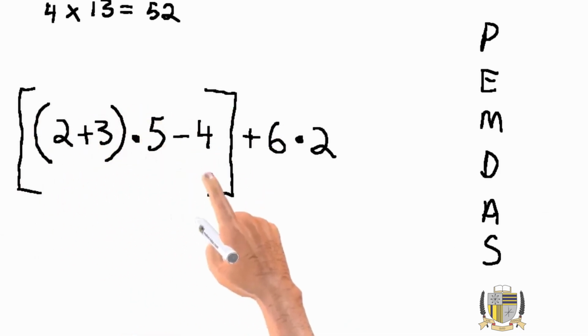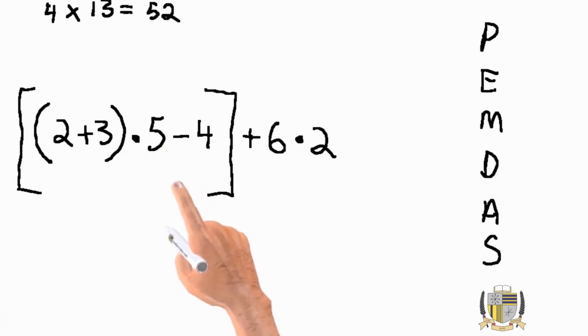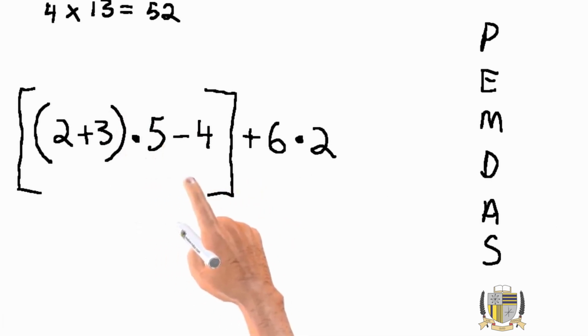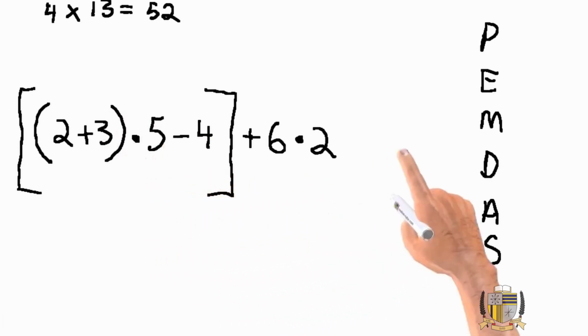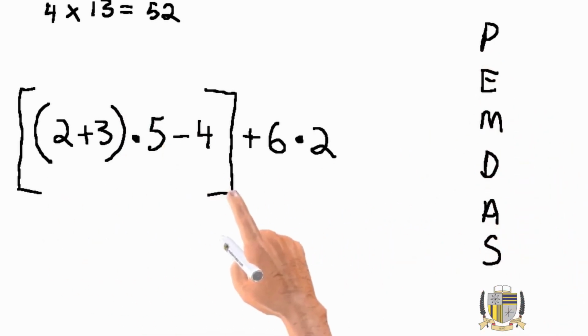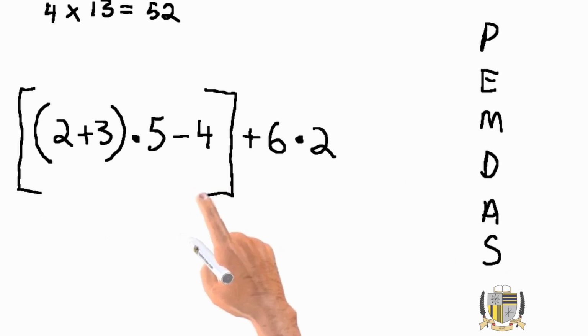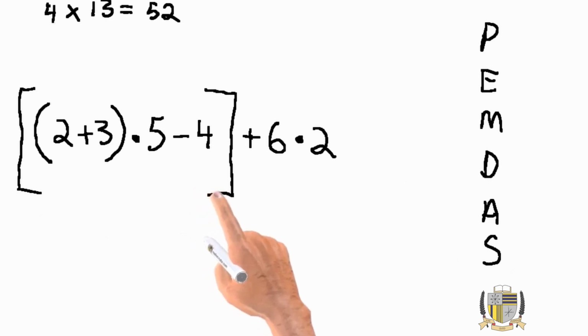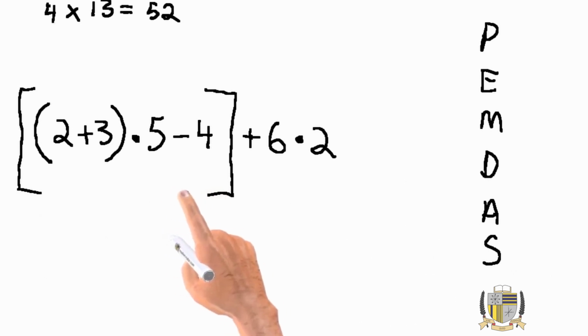So looking at this, you're probably wondering, what should I do? But remember to always apply the order of operations. Although this may look a little intimidating, if we keep applying it and stay focused, we can do this.